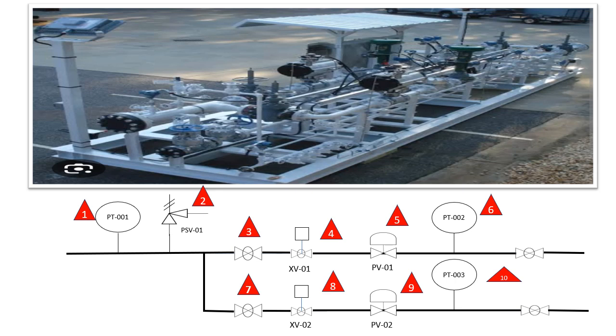Then there are two on-off valves, or rather ball valves, and they are automated valves. After that, there are another two manual valves denoted by 5 and 9, and then there are two pressure transmitters, 6 and 10, and then another two manual on-off valves, right?